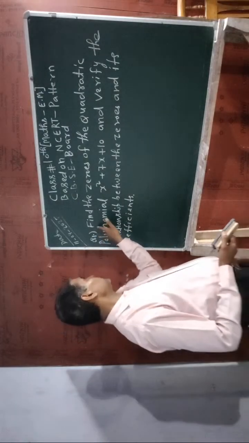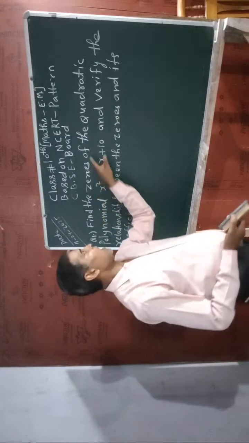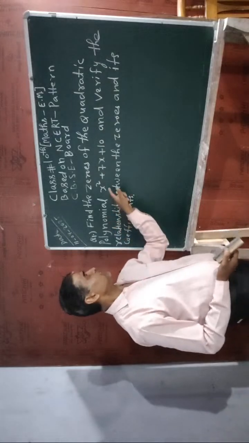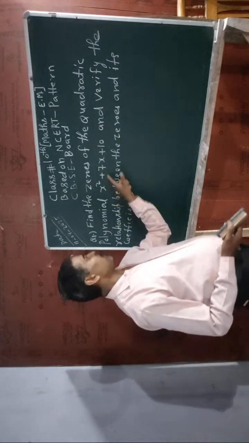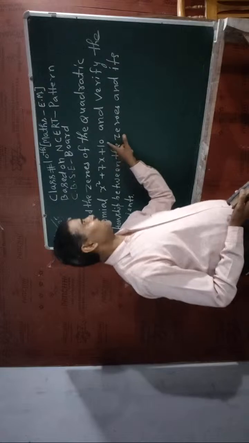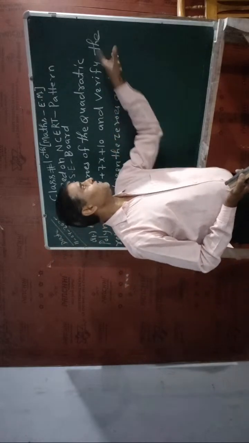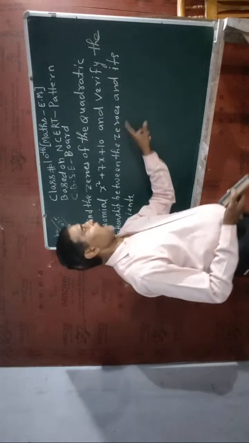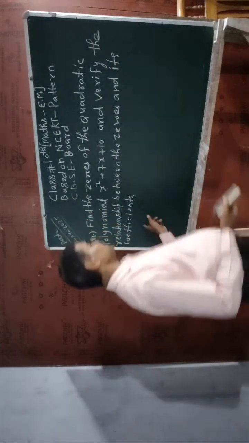Question number 1: find the zeros of the quadratic polynomial x square plus 7x plus 10, and verify the relationship between the zeros and its coefficients.